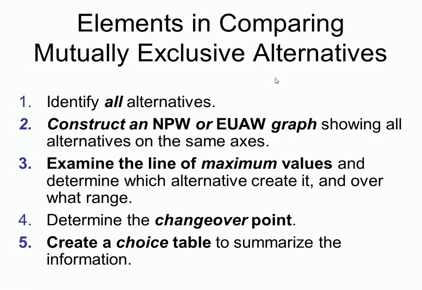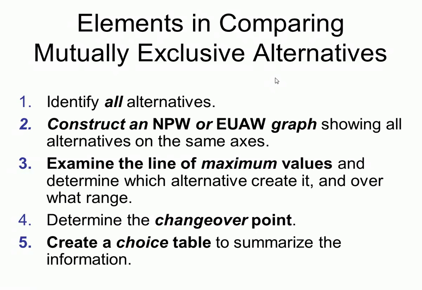So the maximum value was the zero level, because if we have the do nothing alternative as one of our alternatives, we do not want to have a loss. And if we have something less than zero, then that would be a loss. So in that case, the do nothing would be preferred.